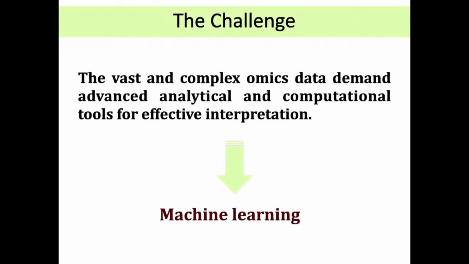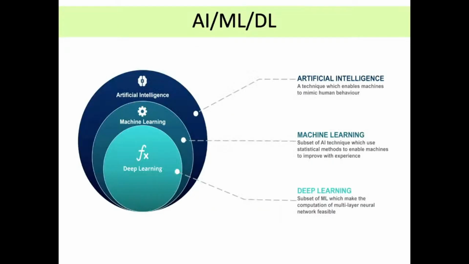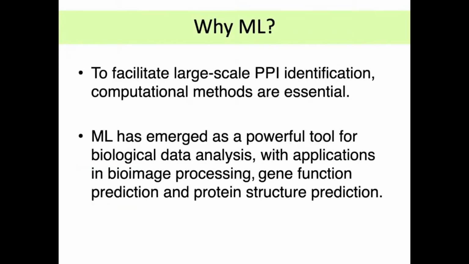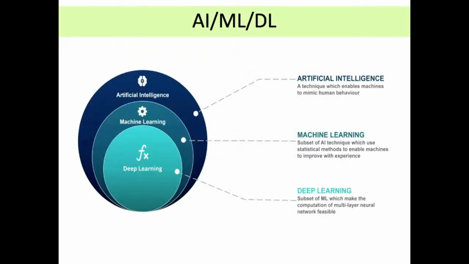So machine learning gives us an alternative to that. We are using machine learning to facilitate large-scale plant pathogen interaction identification, because it has already been used for various biological data analysis involving bioimage processing, gene function prediction, and protein structure prediction. So that can be used for PPI identification as well.